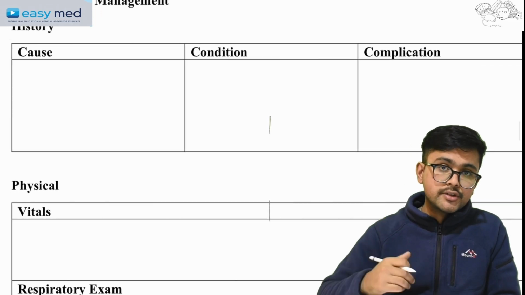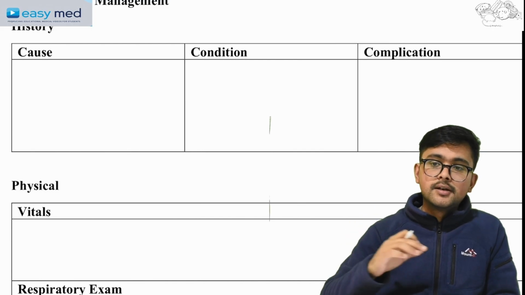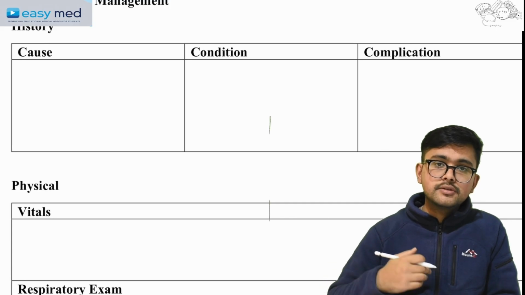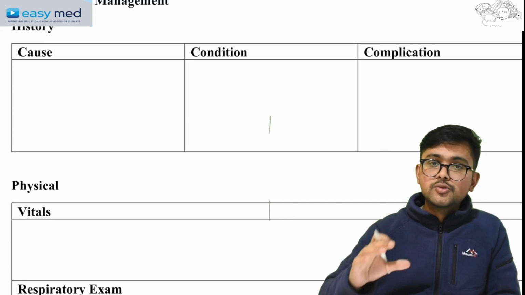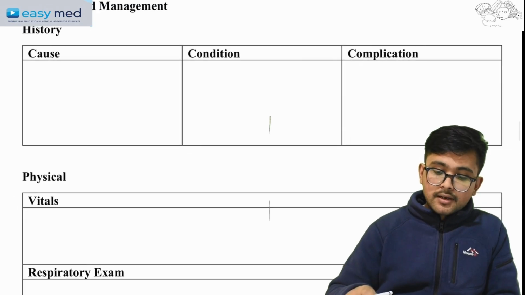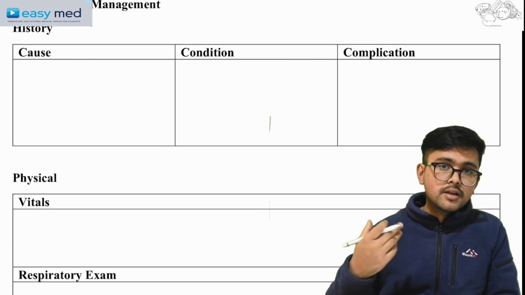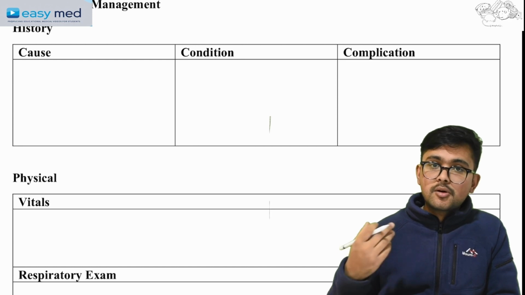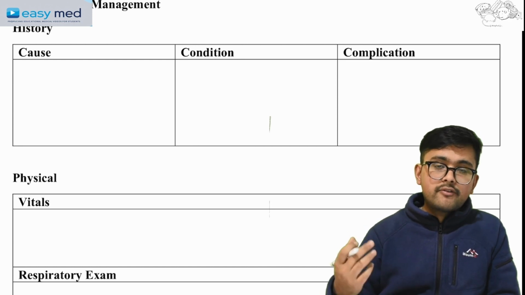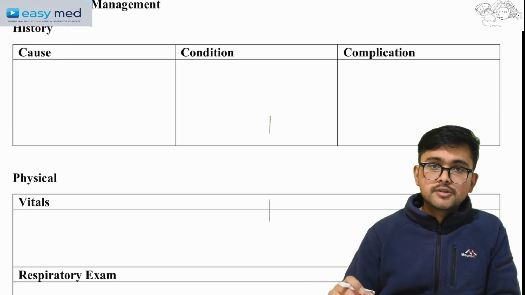Whenever you're taking a history of any condition, be it pneumothorax, pneumonia, heart failure, any gynecological condition, appendicitis, in any subject, the HOPI component should be based on the condition, cause, and complication. Doing this would help you in your clinical practice, because you would have to think about the possible complications of the disease, and that would help you sometimes to rule out or rule in red flag signs, and potentially help save lives of patients also.